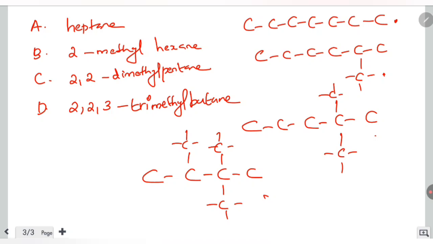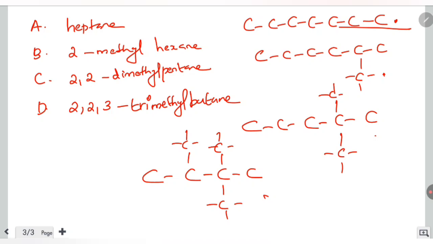So when the number of branches increases, how do you explain? What you need to understand from here is, as the number of branches increases, the surface area gets smaller. So what happens to the intermolecular force? Intermolecular force decreases. You can connect it with the previous point, because I said longer chain length means higher intermolecular force, right? This is the opposite.